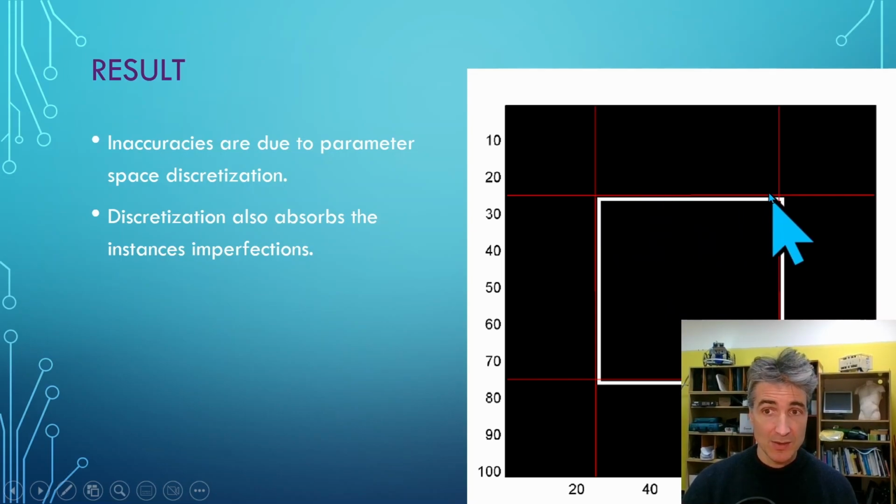That may look like a drawback, but in fact it's an advantage, because if those edges would be noisy, yes, the measure of discretization of the parameter space would accommodate for that noise, and we could find even in noisy environment these lines pretty well.